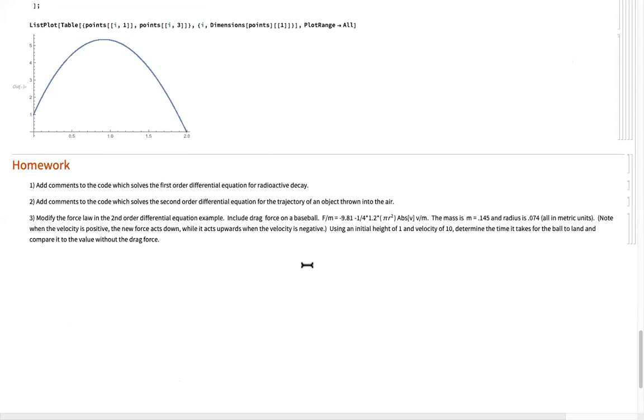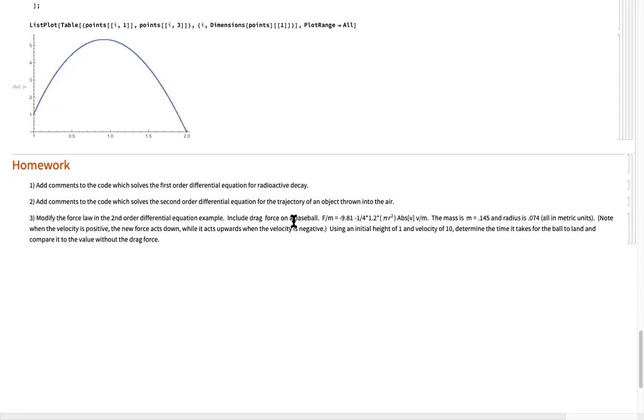Okay, so here is your homework. After watching this video and going through this file, which will be available to you on the webpage, add comments to the code which solves the first order differential equation for radioactive decay. Go through, explain how the algorithm works, explain what the inputs are, how the solution is stored in the points array.